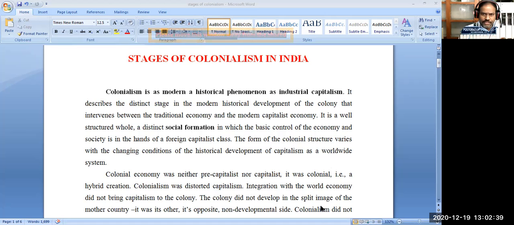Within the fourth module of the second paper, we have certain concepts regarding colonialism.